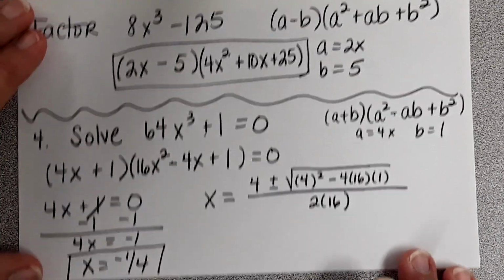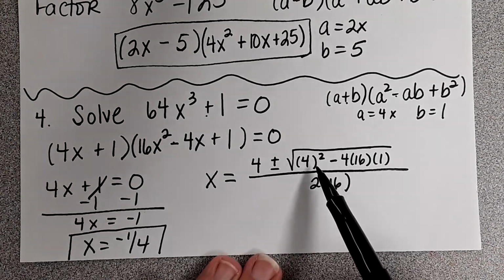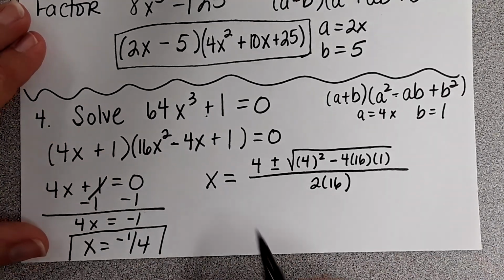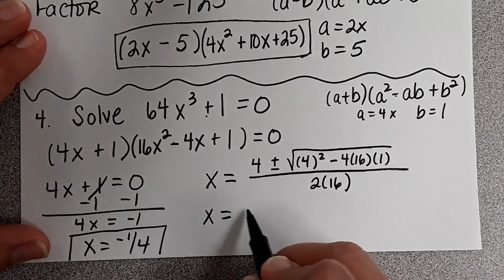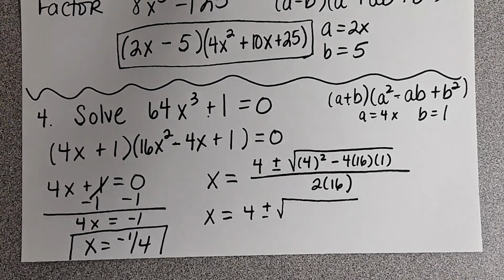That's 1. Then this right here, let's see. Oh, it's 16 minus 64.